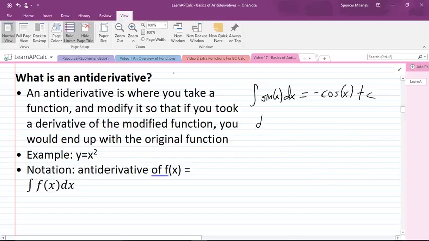Because if we take this derivative here, we get sine of x plus 0, because the derivative of a constant is 0.